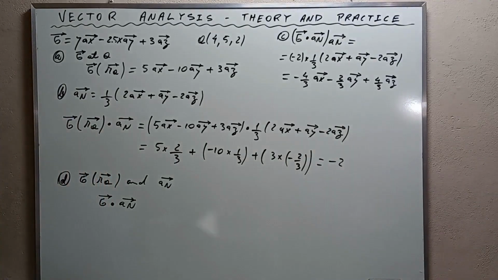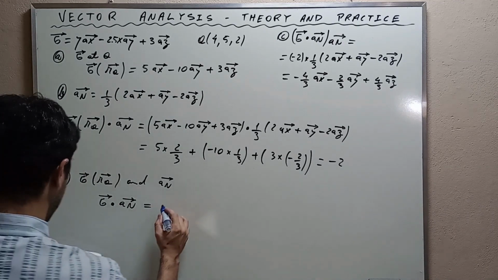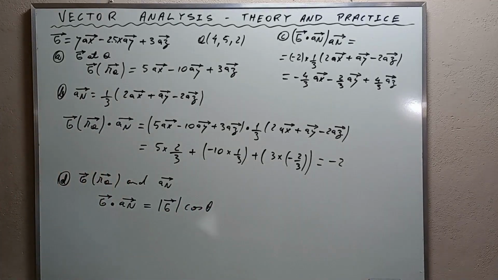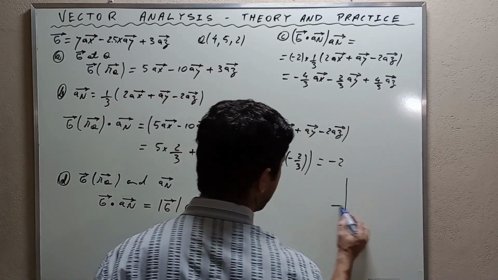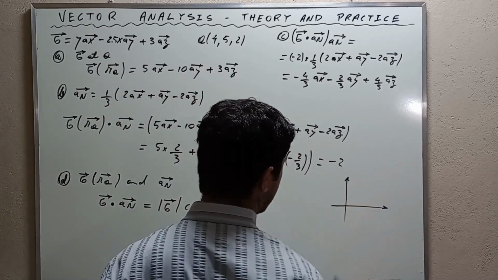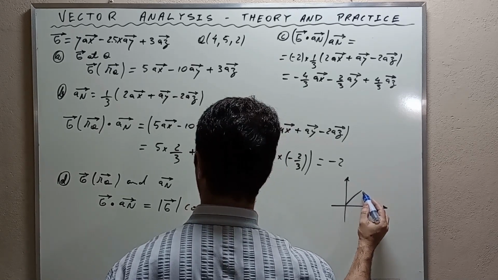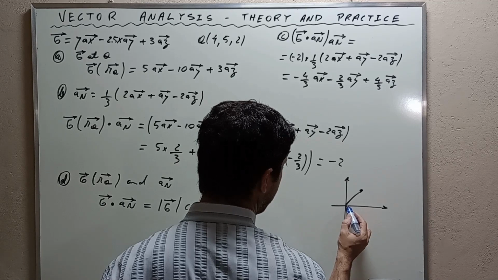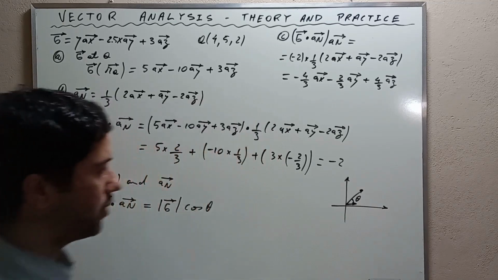The result of the dot product is a scalar, not a vector, and this is equal to the magnitude of G times the cosine of theta, okay? Let's suppose there is a vector here, and the unit vector is pointing in this direction here. Okay, there will be an angle between them.